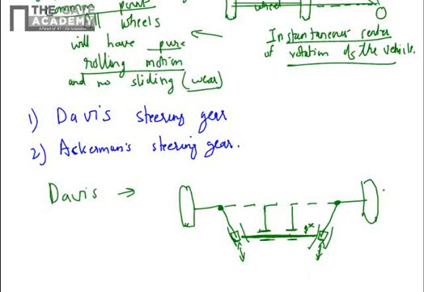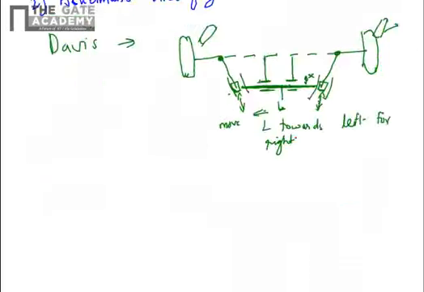So if you want to steer the vehicle, want to turn say right, then you want to tilt this wheel like this and lift this like this, while you maintain the condition that the instantaneous center should intersect. Then you just move this link towards left. This link L moves towards left for right turning.